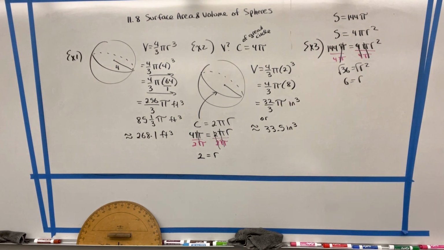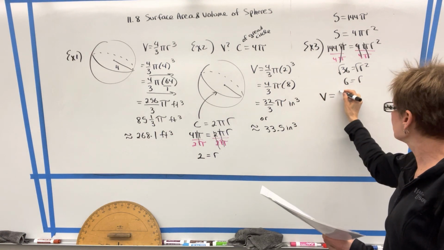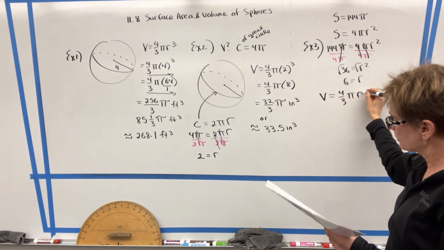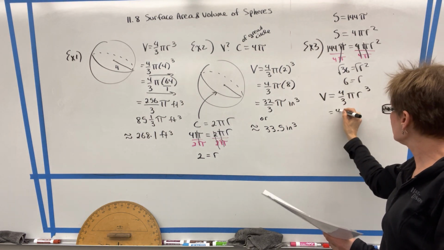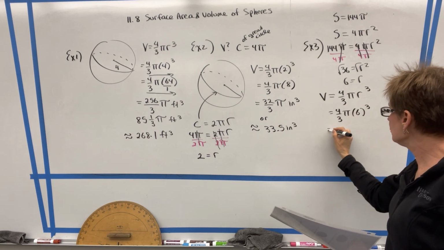So I actually had to do a fair amount of work just to figure out what the radius is. However, now that I know the radius is 6, I can plug that into my formula for volume. So I'm going to have 4/3 pi times 6 cubed.